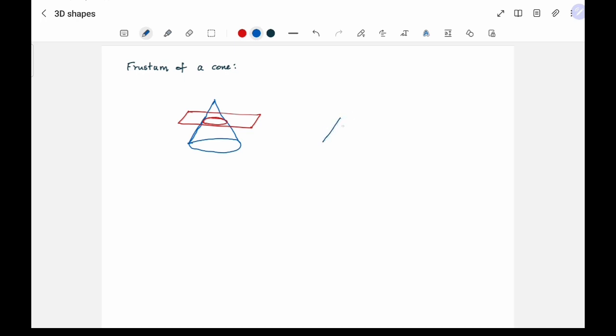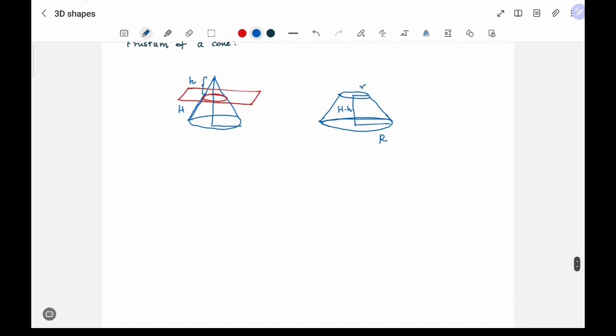So the remaining portion is called the frustum. So this is the frustum. Let's say this is some R1 and R2, or we can call it small r and capital R. It will be easier. So let the original height of the cone be capital H, and a portion of height small h is cut. So this remaining part will be H minus h, right?